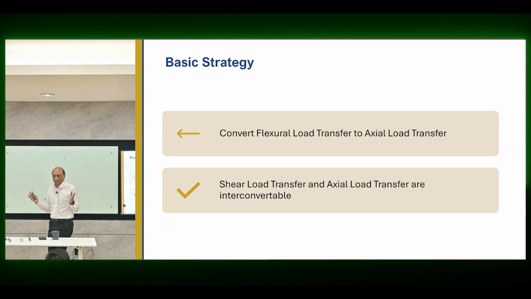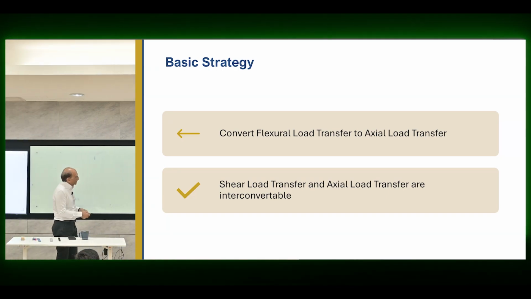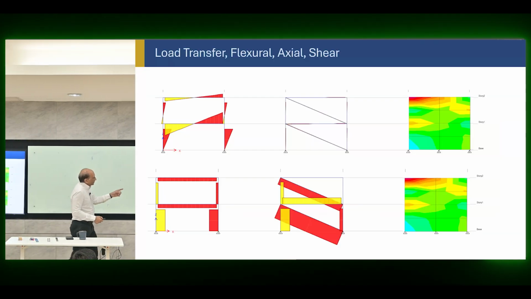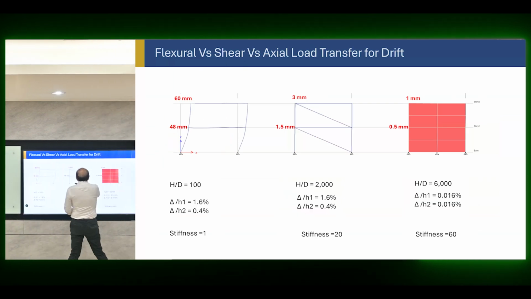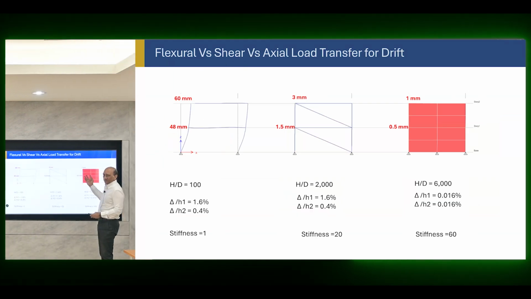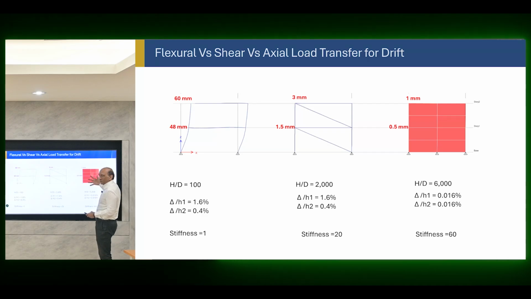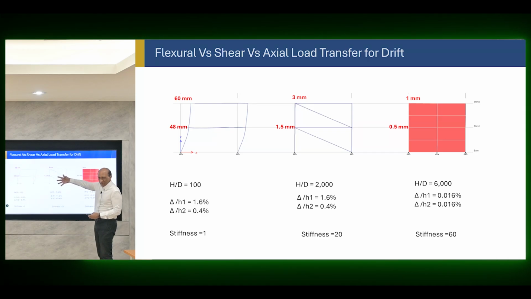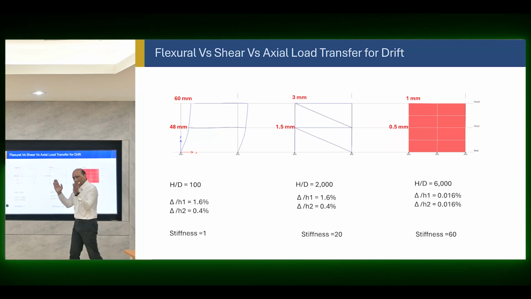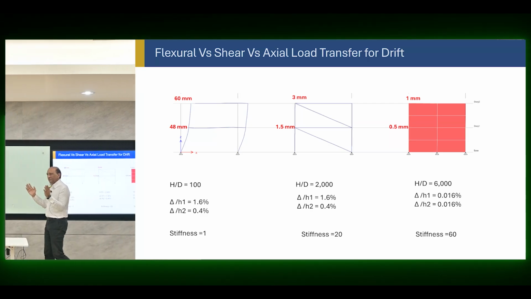When you have a shear load transfer, as you have seen before, this displacement, this one and this one are very similar. This is a pure shear load transfer, but if you put it in axial load transfer, it still works, because you replace the shear by an axial member, which is similar in concept. So it blocks the panel deformation, and we have the same behavior.